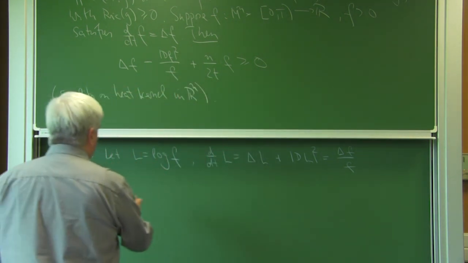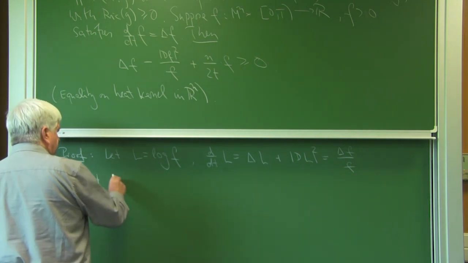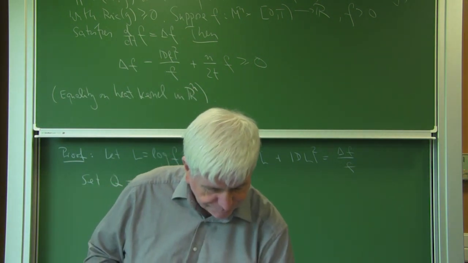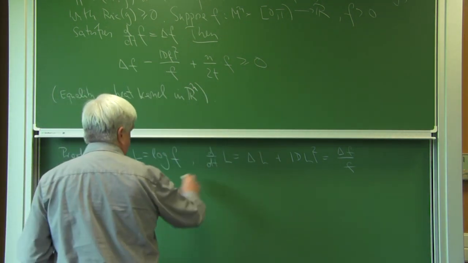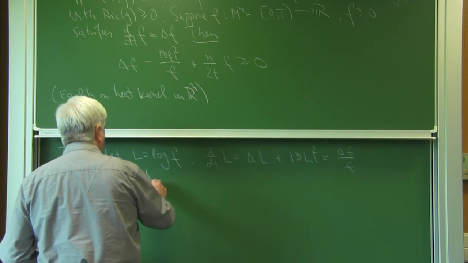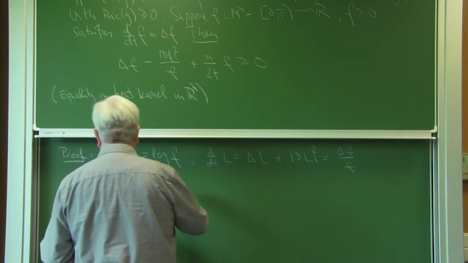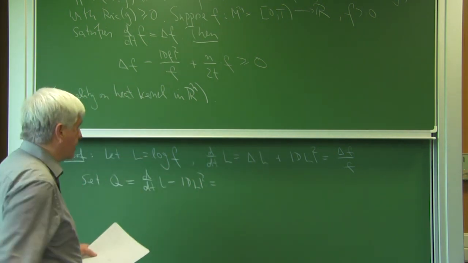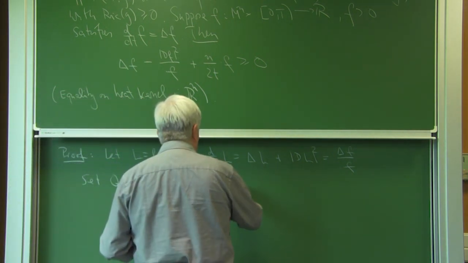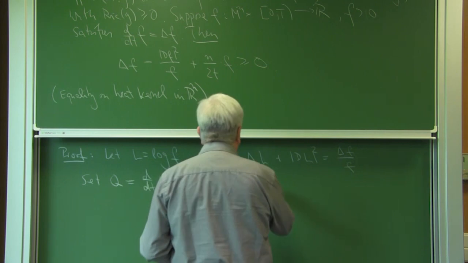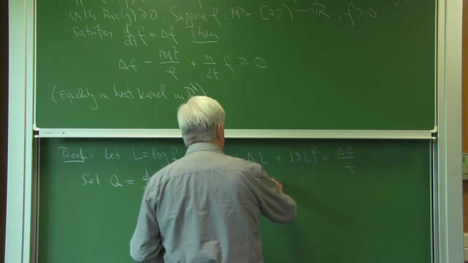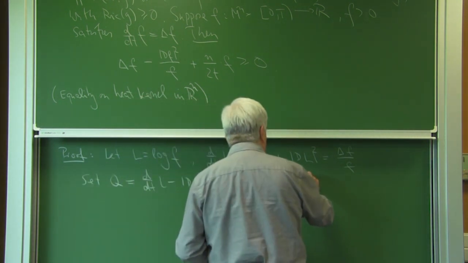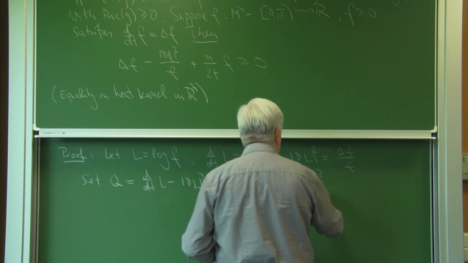And therefore, if we set the quantity Q to be exactly the Laplacian of L, then this just becomes the Laplacian of f minus the gradient of f squared divided by f squared.